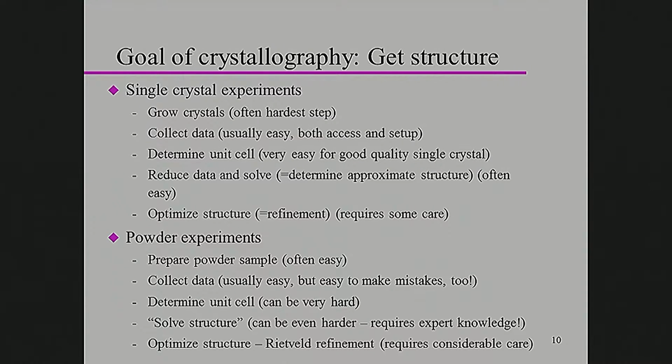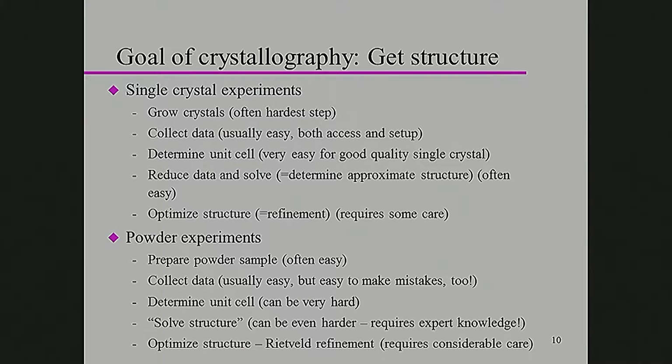But in general terms, it's not really all that hard. You then have to reduce your data and solve, which is determining the approximate structure. Depends on how complex your structure is. For simpler structures, it can still be easy. For more complex structures, you definitely have to pay attention. And then you have to optimize your structure, which is that least squares refinement that Christine introduced. That does require some care, okay? That's when you need to make sure that things are actually meaningful.